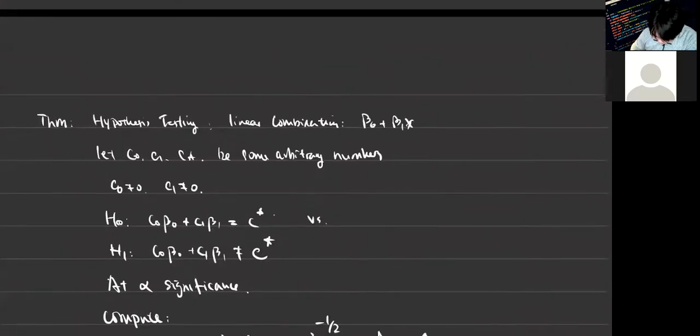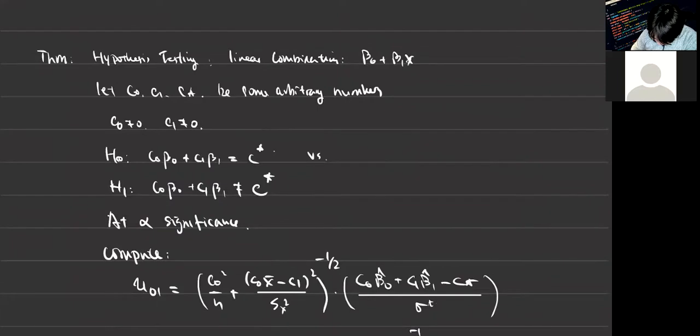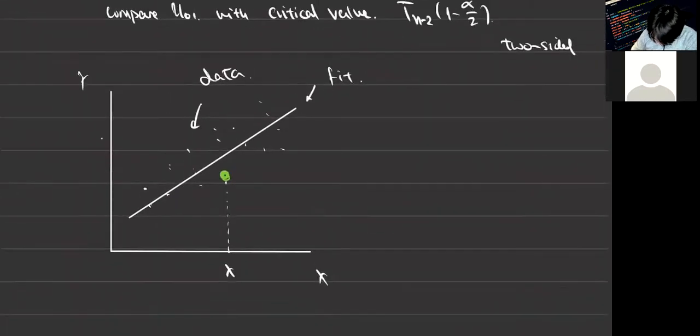In this case it's C1, but we're just going to call it some magical x, let's say x naught. Using this x naught, you're able to make a prediction using the fit. That's exactly going to be on the line. So that's your real y, and that's your prediction.